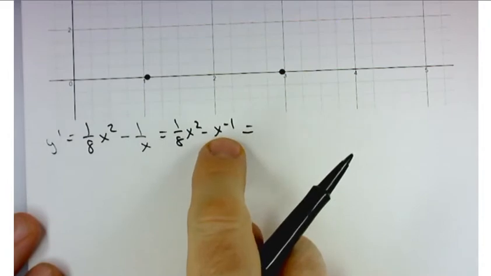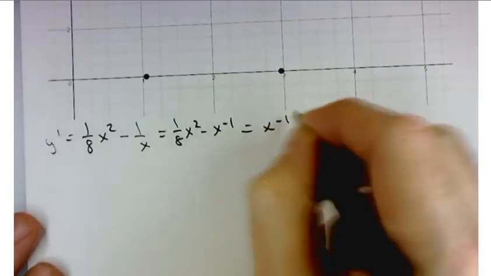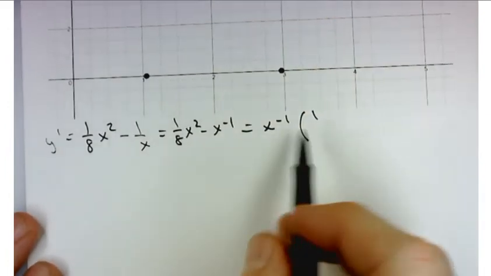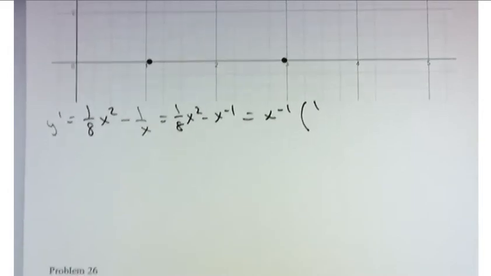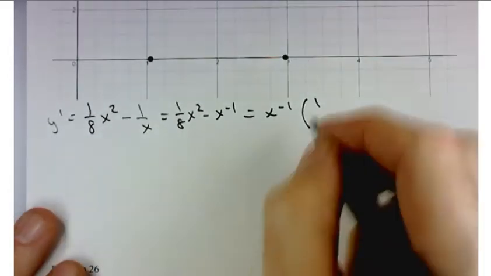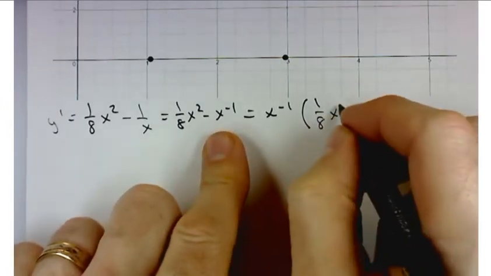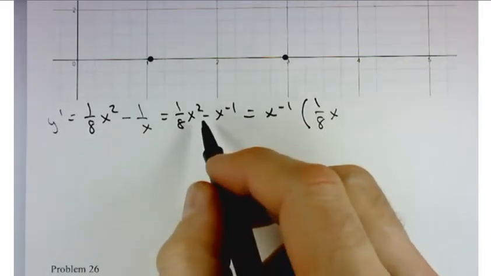Factor out that x to the negative exponent. So that's going to be x to the negative first. And what am I going to get when I factor out x to the negative first? What's going to be left? 1/8 x to what power? No longer squared.